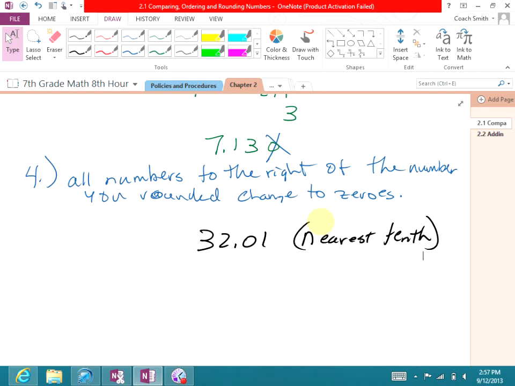All right, so if we were going to go to the nearest tenth, which digit is the tenths place value? Anybody remember? Which one is which number up there, or which digit up there is the tenths place value?